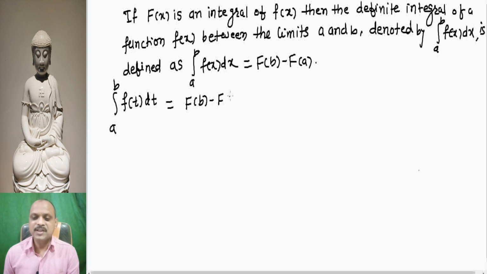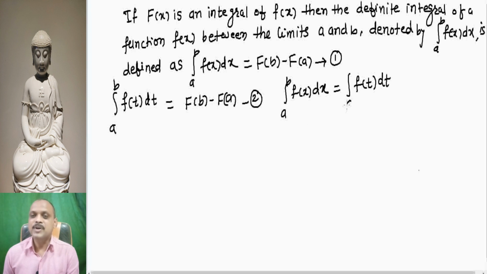Suppose this is my equation 1 and this is my equation 2. Then from equations 1 and 2 we have the integral of f of x between the limits a to b equal to the integral of f of t between the limits a to b. This is our first property.